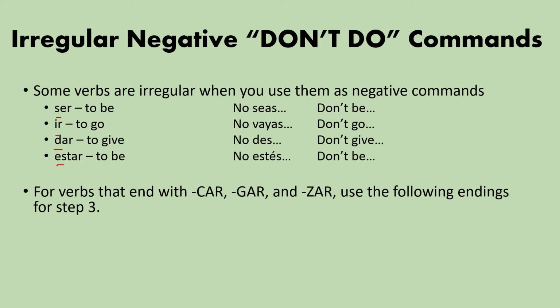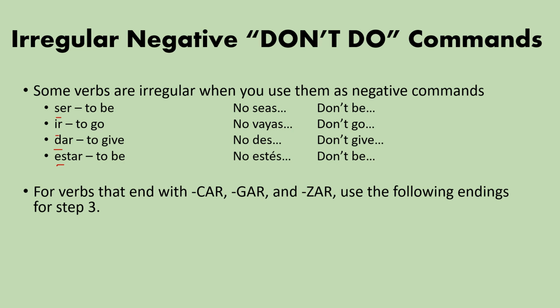Now, also a side note for negative commands, because you're doing an opposite ending, sometimes there's a spelling change. This happens in all languages. And for Spanish, the negative informal commands have a spelling change when the verb ends with car, gar, or zar. So we call these the car-gar-zar verbs, and you're going to hear them in Spanish 1 again later on when we do práctica, and then in Spanish 2 you're going to hear them a lot.